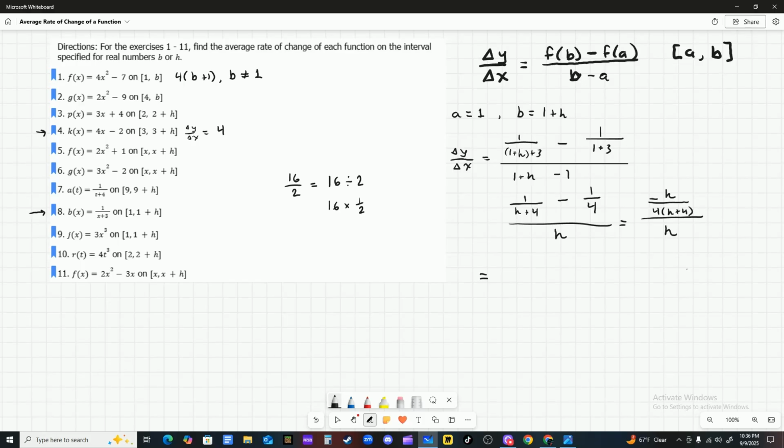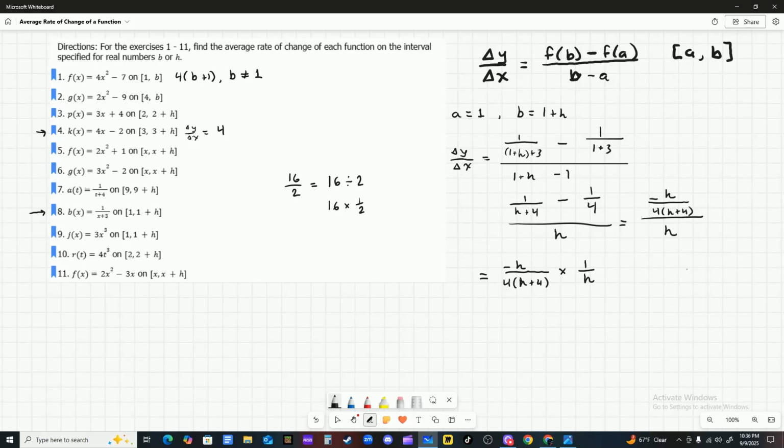Okay? So let's do it with this one. So our numerator is now going to be minus h over 4 times h plus 4, right? And instead of saying divided by h, I'm going to say times 1 over h. Dividing by a number is the same thing as multiplying by its reciprocal.